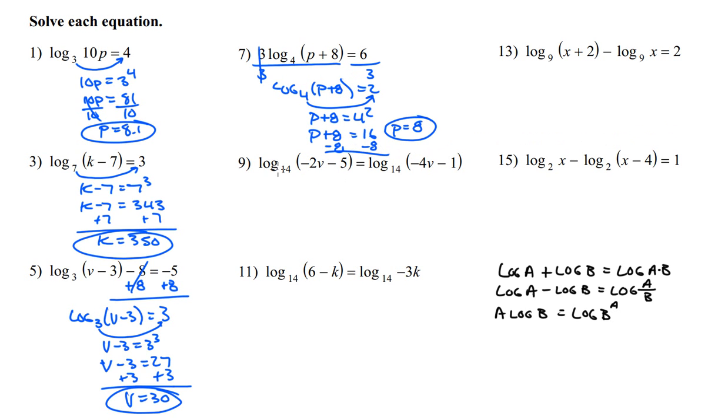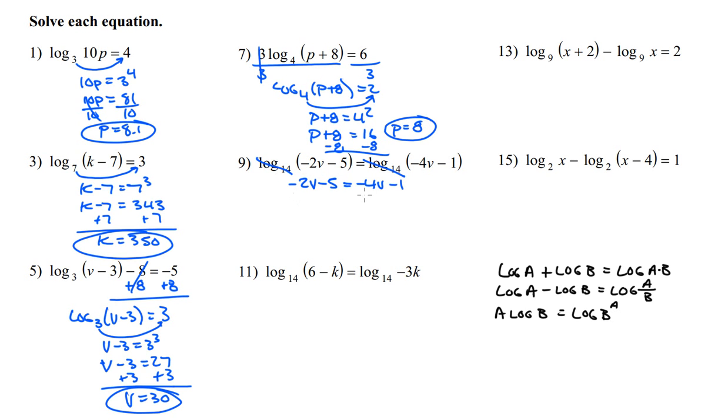Okay, on number 9, both sides have log base 14. Since they're both log base 14 and there's no other extra terms with it, we can simply get rid of the log base 14s and solve for what we have left. Negative 2v minus 5 equals negative 4v minus 1.